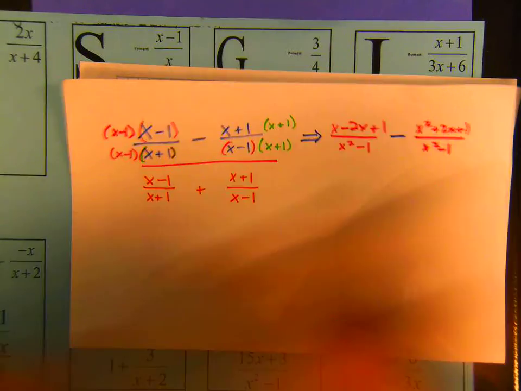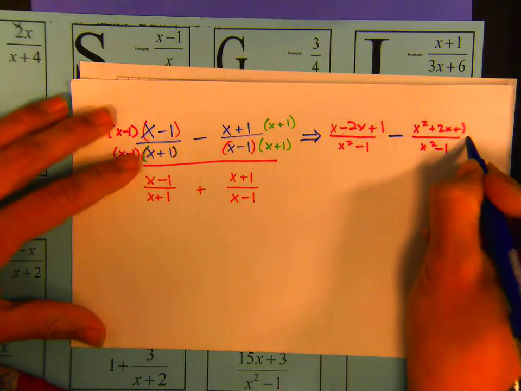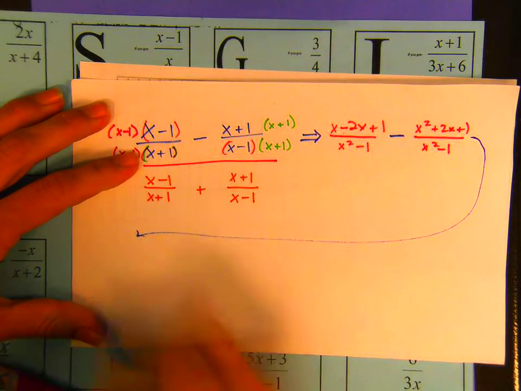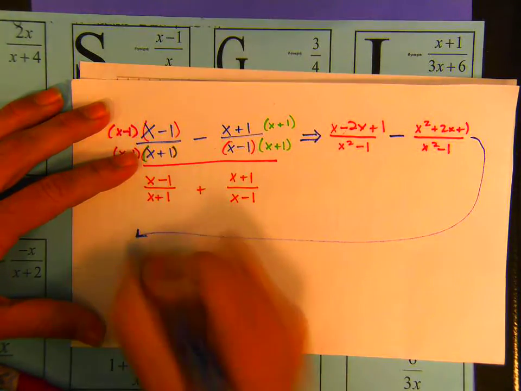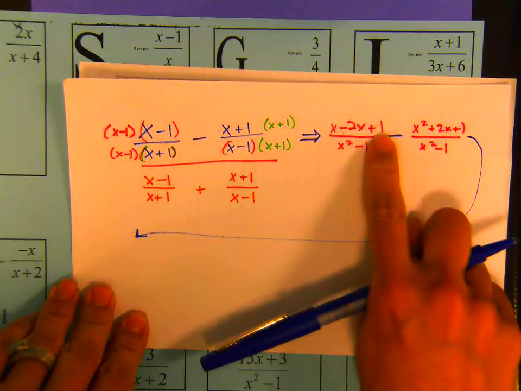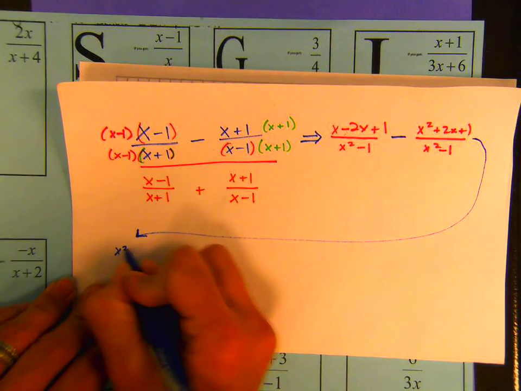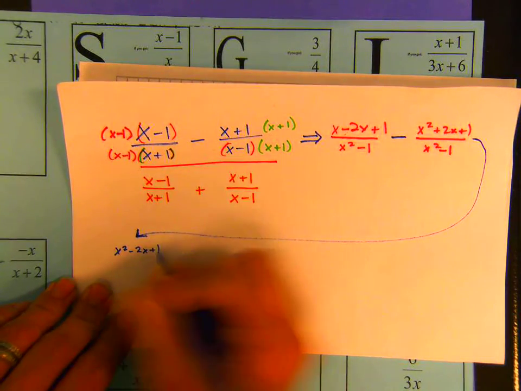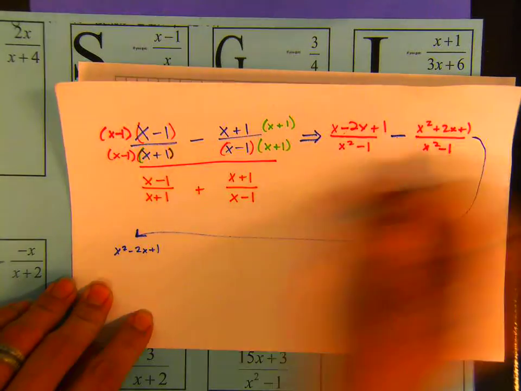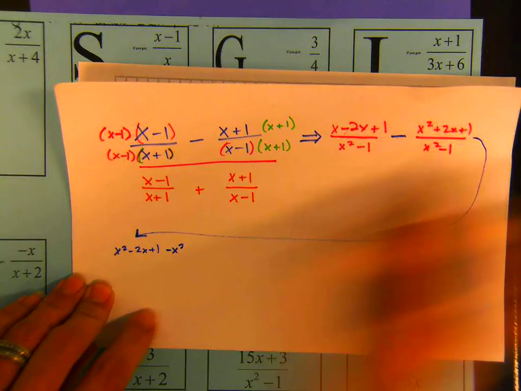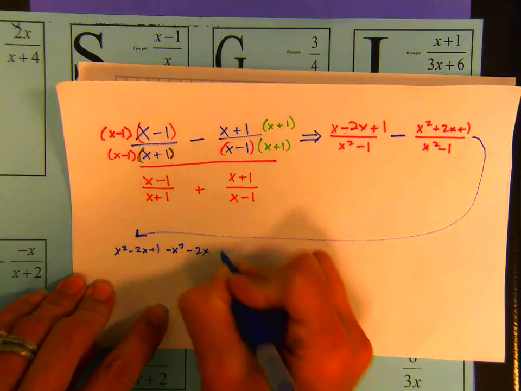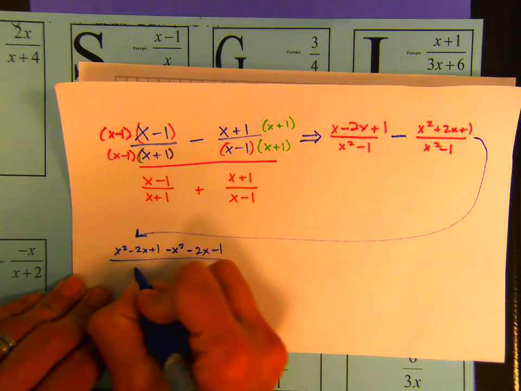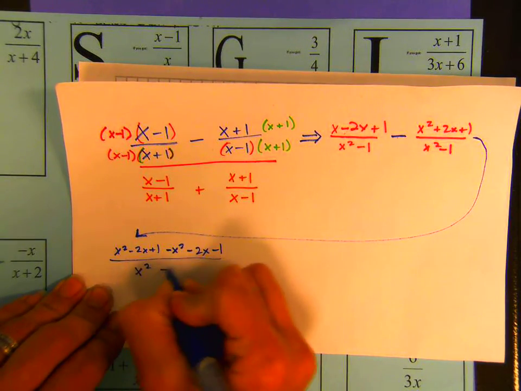Now I'm going to keep working with this fraction, okay? If I am subtracting these terms, I'm going to have x squared minus 2x plus 1. I'm subtracting the x squared, so that's a minus x squared. I'm subtracting the 2x, minus 2x, and I'm subtracting the 1, over the common denominator, x squared minus 1.